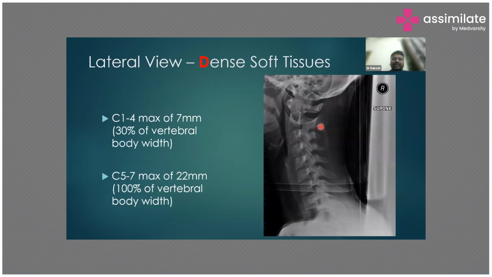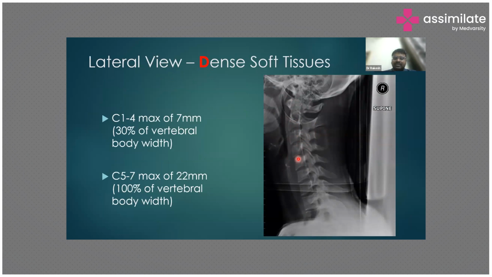Then you need to look at the D, which is dense soft tissues. From C1 to C4, the distance between the soft tissue and the vertebral body should be less than 7 millimeters, which means the soft tissue should occupy roughly 1/3 of the lateral diameter of the vertebral body.